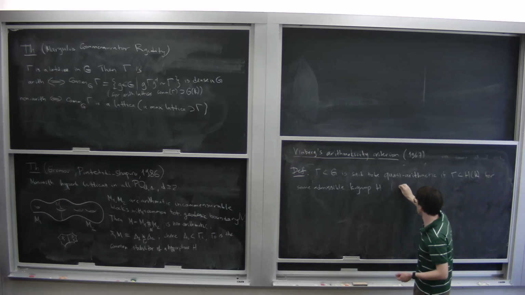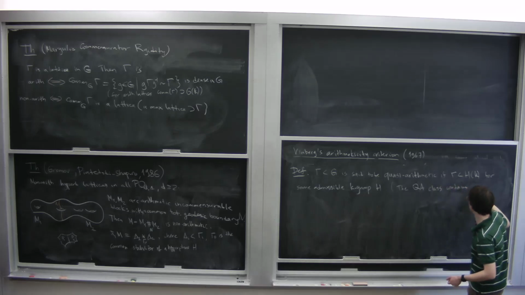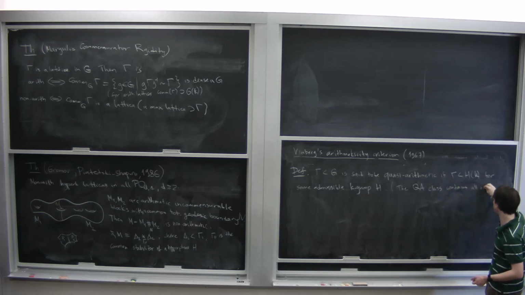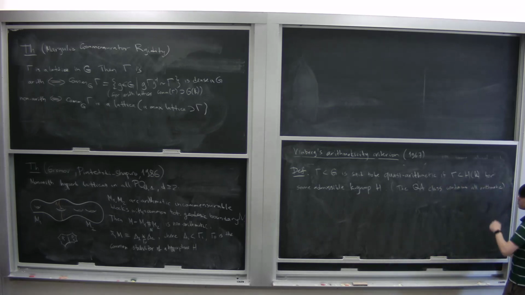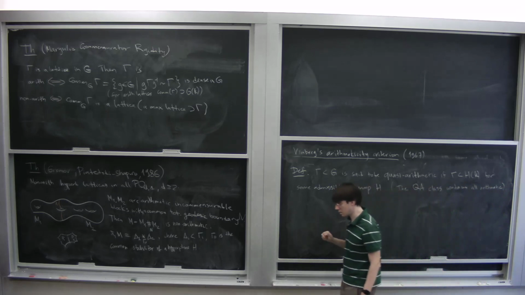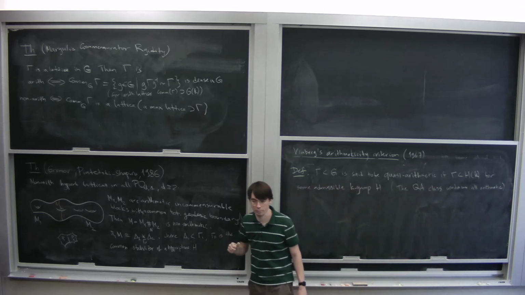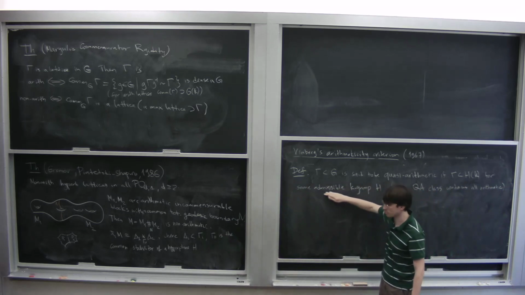So this class, the quasi-arithmetic class, contains all arithmetic. In fact, it contains almost all arithmetic since, again, there is a very special class of arithmetic lattices in dimension 3 that does not satisfy this definition with admissible lattices.